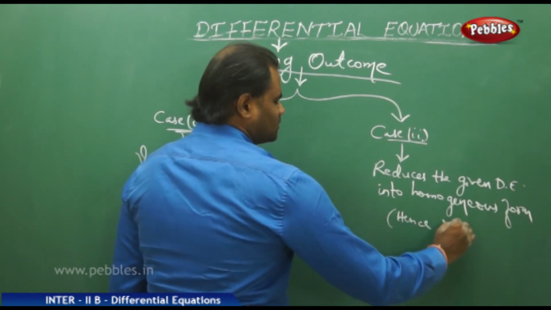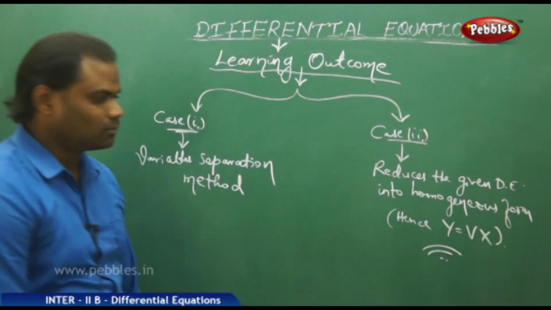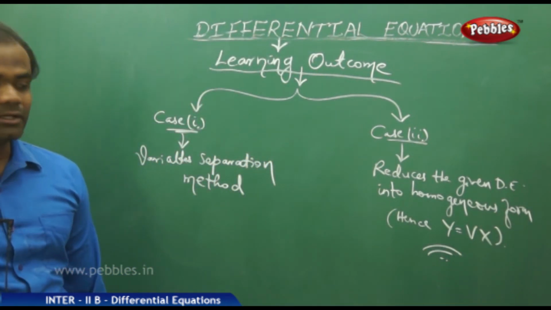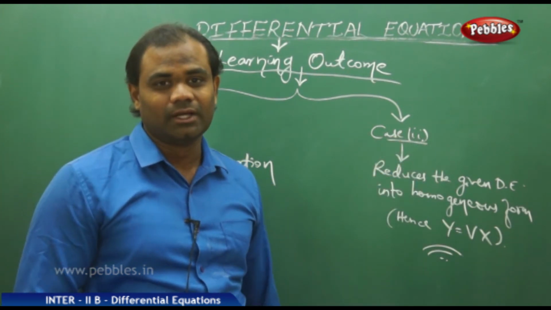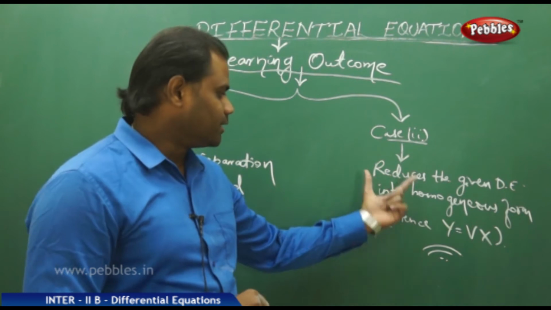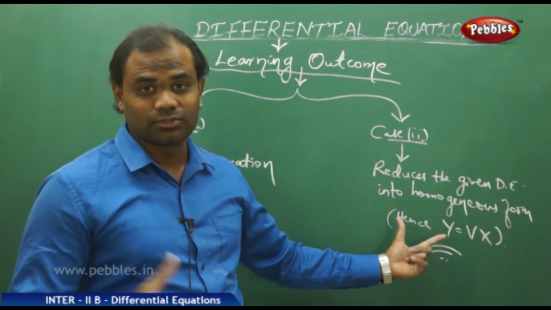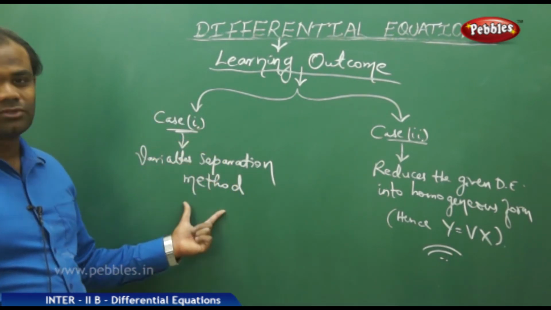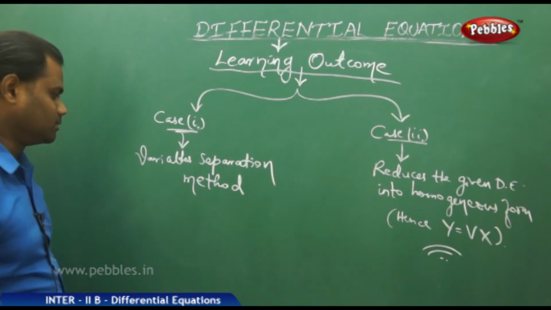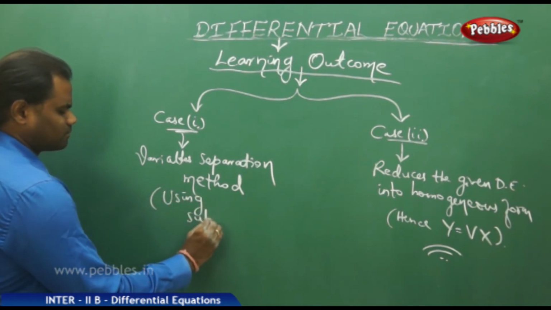Hence, we use y equals vx, is how we understand that the intention of case 2 of solving the non-homogeneous differential equation is to put an effort in reducing this into homogeneous form and then follow with the method 2 as we have seen, and this directly in substitution through variable separation method using substitutions.